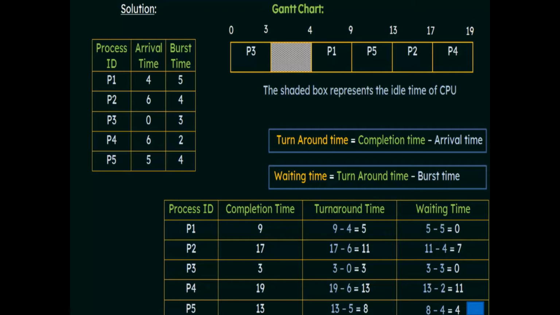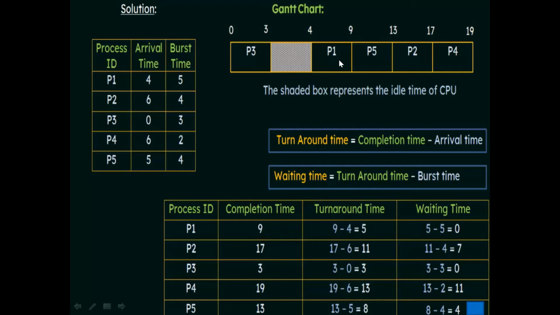Completion time is calculated with the help of the Gantt chart. As you can see here, the execution of P1 is completed by the 9th unit of time. Means after 9 units of time, the execution of P1 is completed.